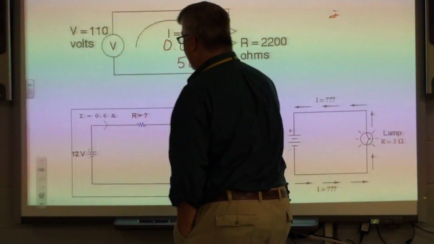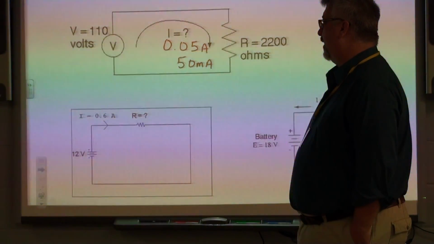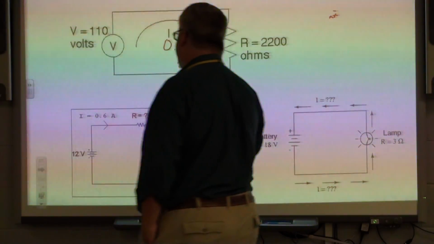All right, how about the next problem on the bottom left? We have a voltage value of 12 volts and a current value of 0.6 amps. What is our resistor and what's our formula?